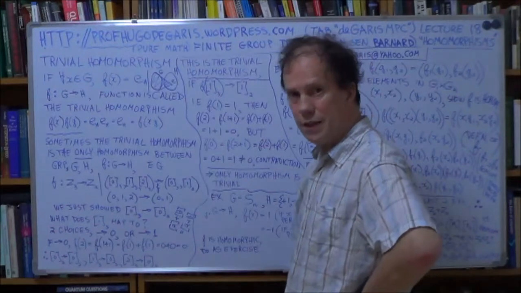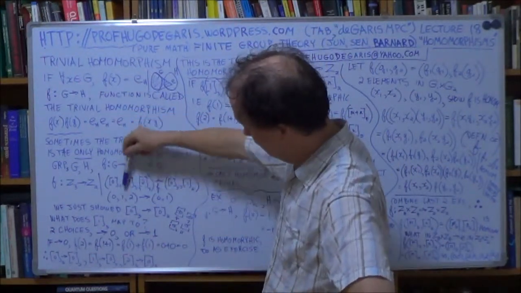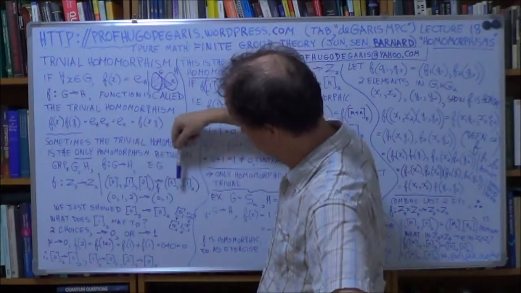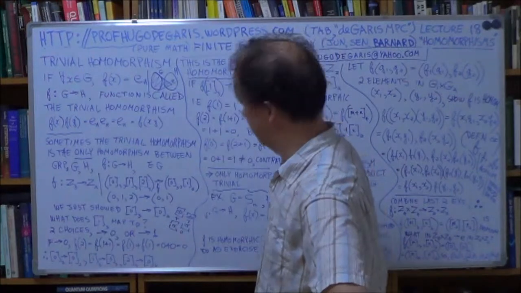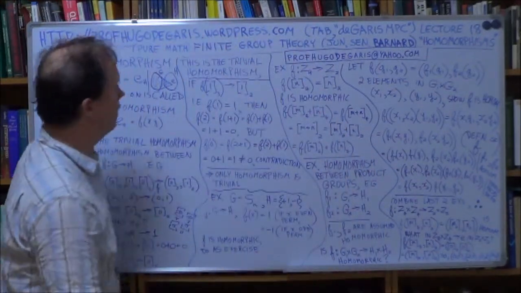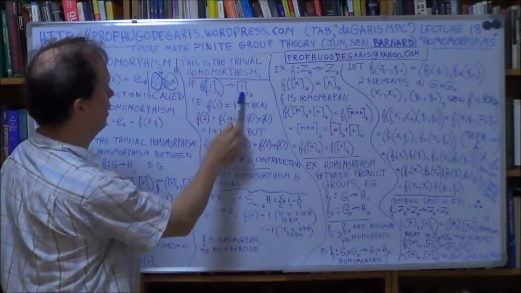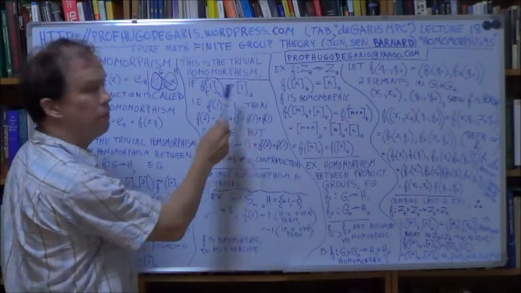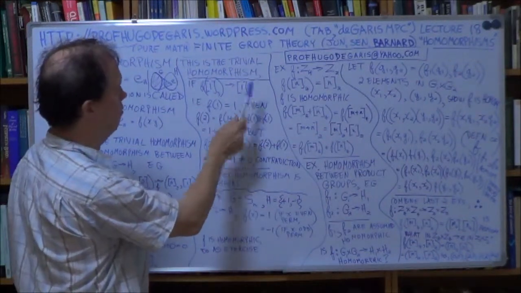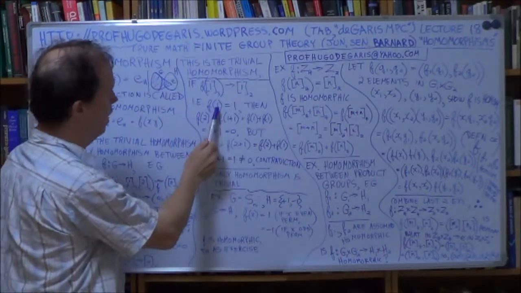Now let's do the second case, where the 1 here maps to 1. Here's the longhand way, here's the shorthand way: residue class 1 mod 3 maps to residue class 1 mod 2, or in shorthand, 1 to 1.